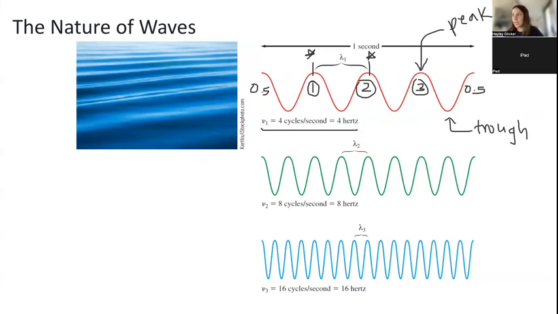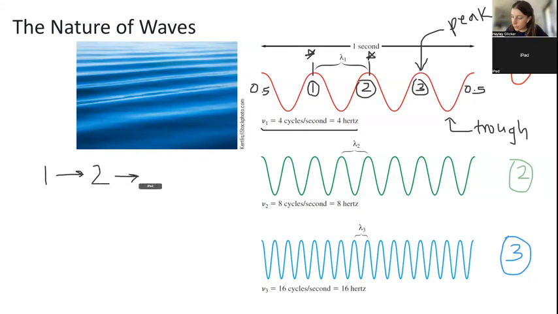And what we notice here, if we compare using some different colors, if I compare number 1 in red to number 2 in green to number 3 in blue, we notice that our wavelengths are decreasing going from 1 to 2 to 3, meaning that the distance between the two peaks or the two troughs are getting smaller.